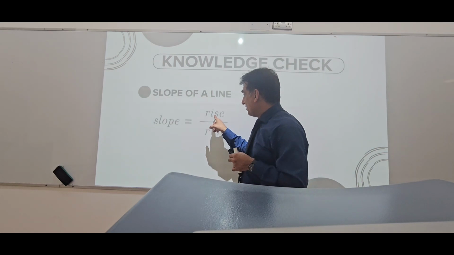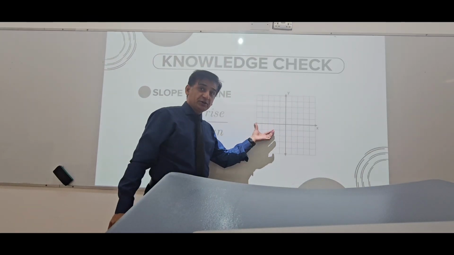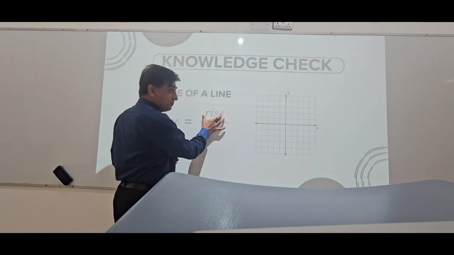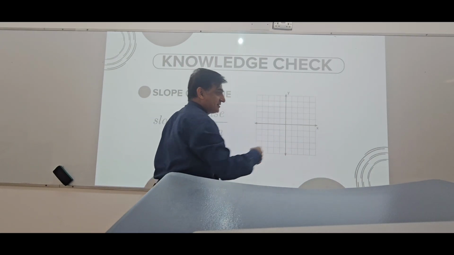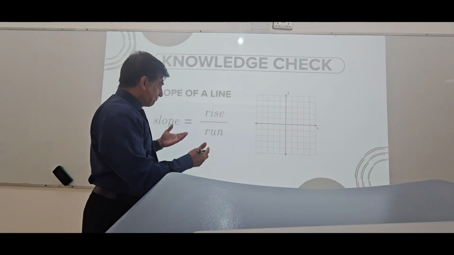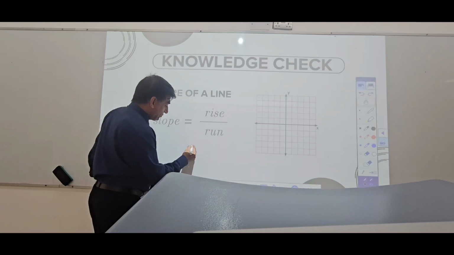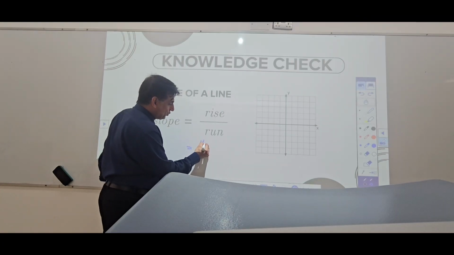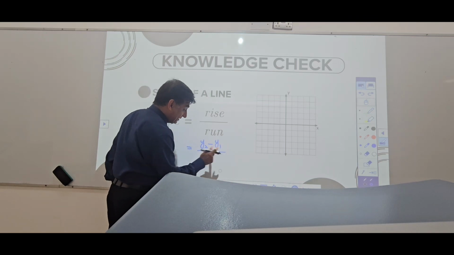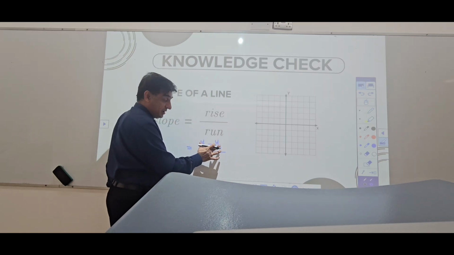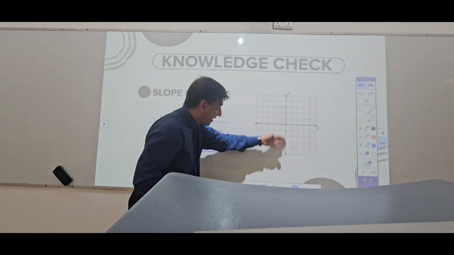So remember this. Rise means going up and down, and when we have rectangular coordinates, it's basically the movement along the y-axis, and run is the movement along the x-axis. Now, if I want to explain it a little further, let's say we have two y values, y2 and y1, divided by the difference in x. The change in the value of y is in the numerator.